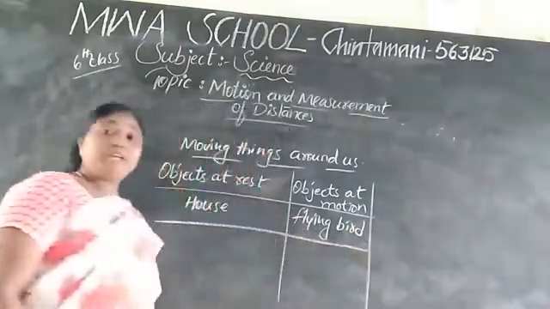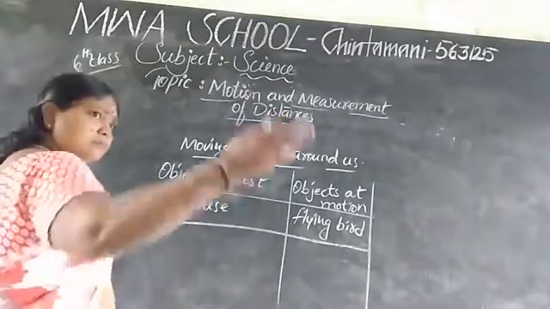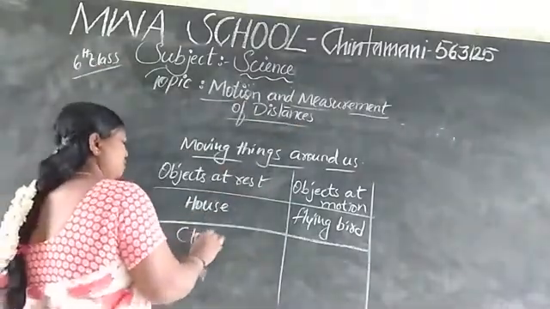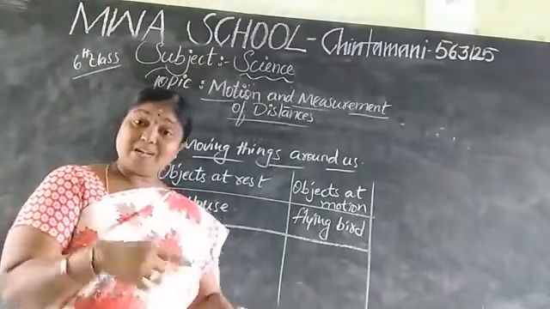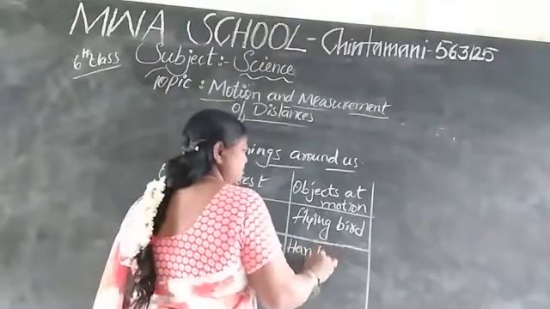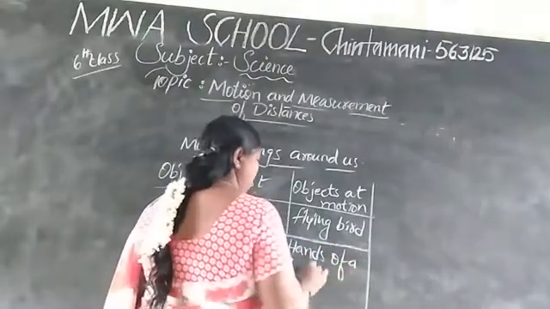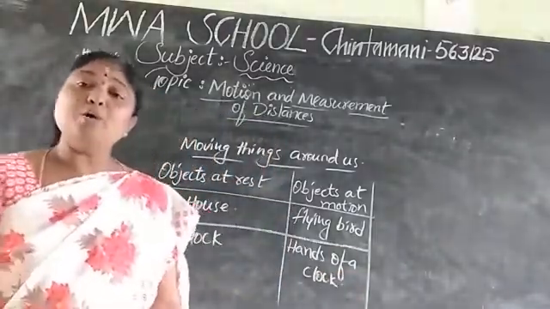Then what can we give as examples for the rest position? For example, the clock. Clock will be in the rest position. What about the hands of the clock, children? Hands of a clock will be in the moving position.